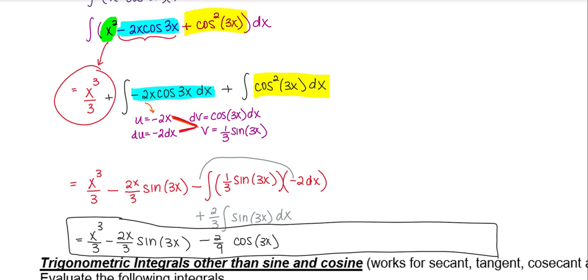I still have to integrate cosine squared of 3x. Well, that's that reduction formula. And this reduction formula, again, comes from that double angle formula. So I know this is equivalent to 1/2 times 1 plus the cosine of, and it's a double angle. So if my angle was 3x, now my angle is 6x.